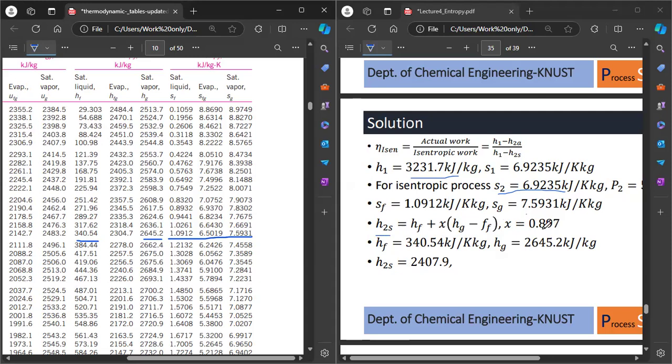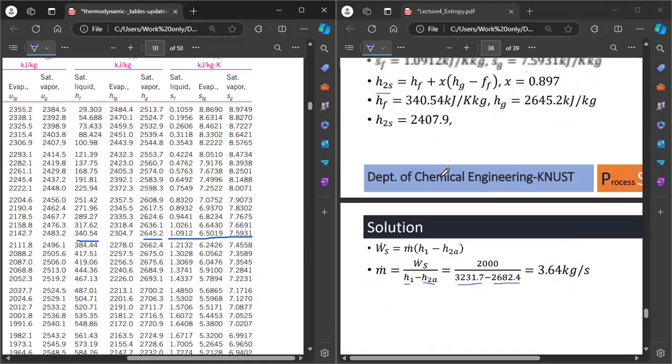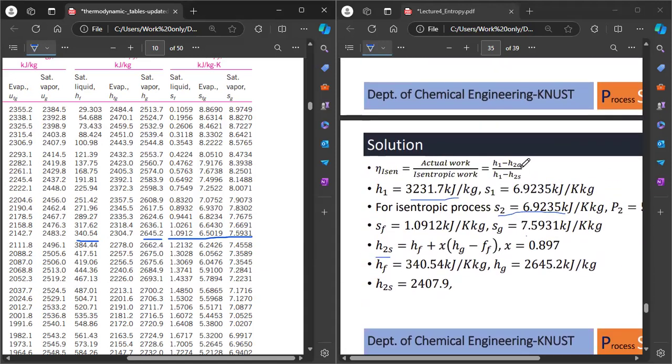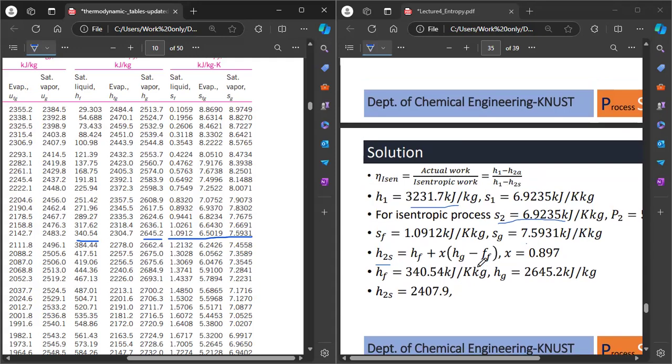It's going to be the same material you're working with. So I'm going to put that value in here, read my Hf and my Hg from the same table at that same pressure, and use it to find my H2S. So once I find my H2S, I can put all of them into this expression here, and then get my isentropic efficiency for the turbine, right?